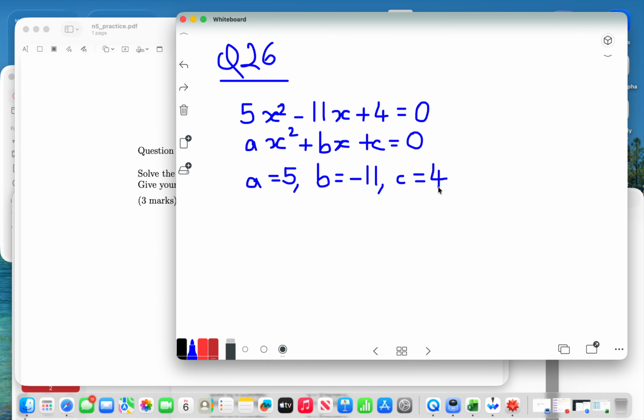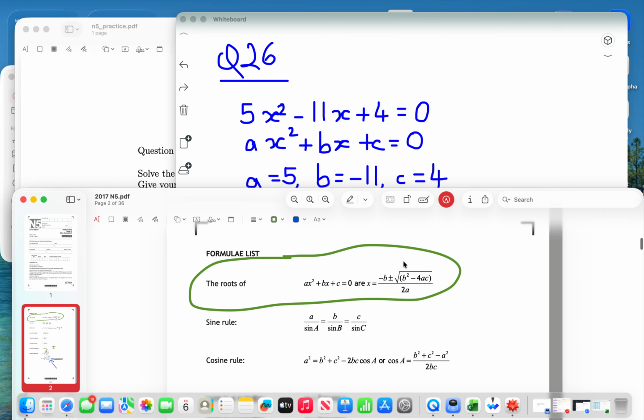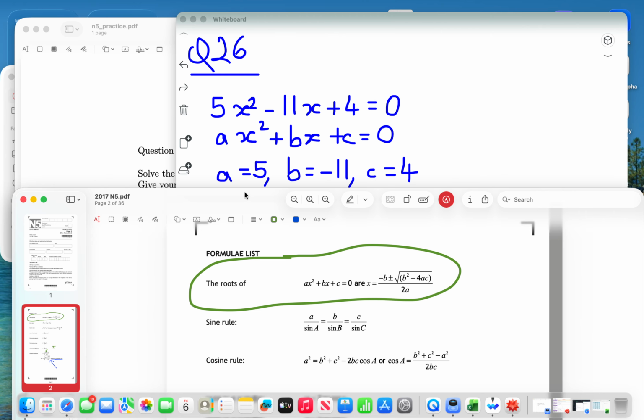Okay, and we have to then look at the formula. So x is minus b. In fact, let's go down a bit.